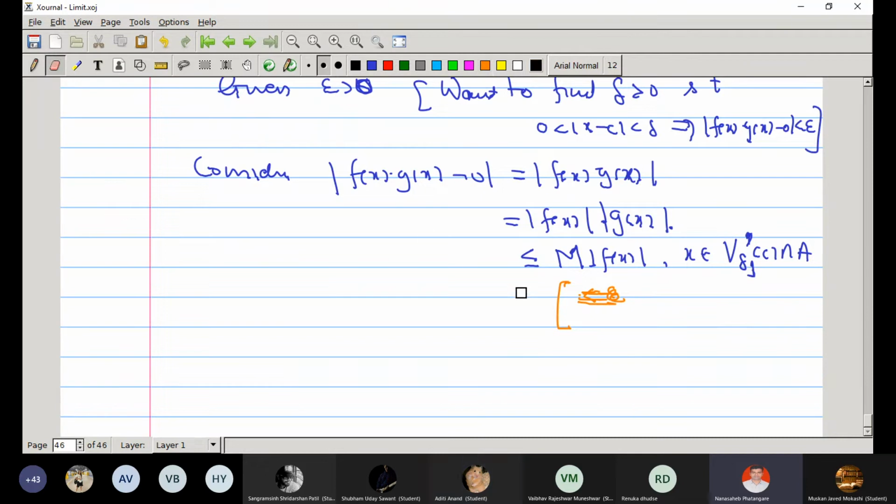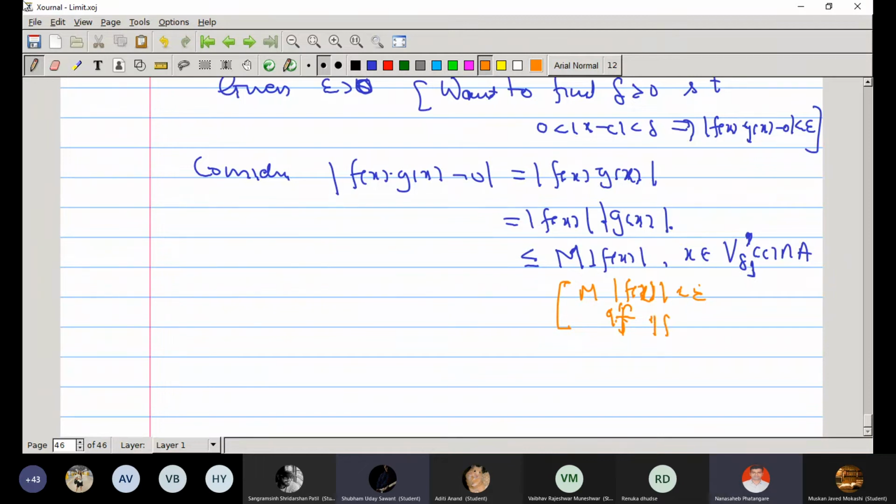So how will you make this less than epsilon? m times the absolute value of f(x) is less than epsilon if mod of f(x) is less than epsilon by m.